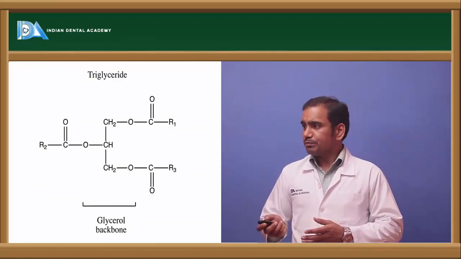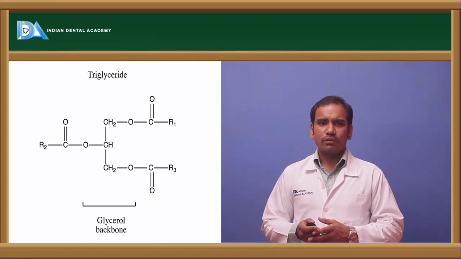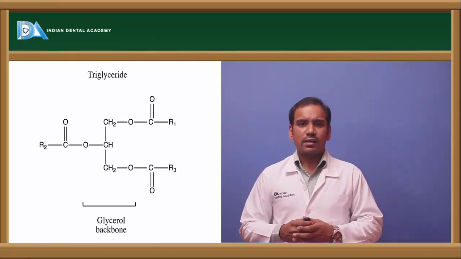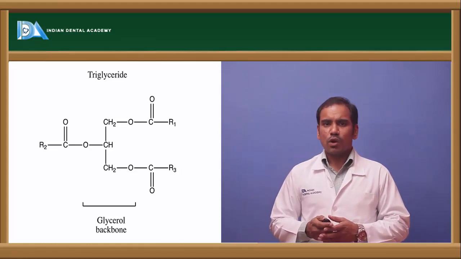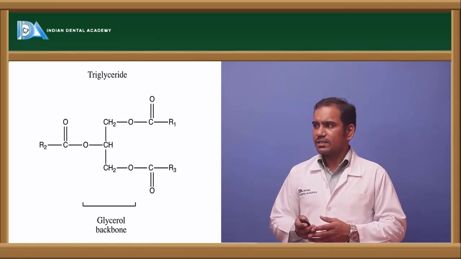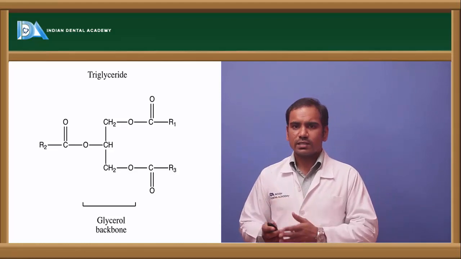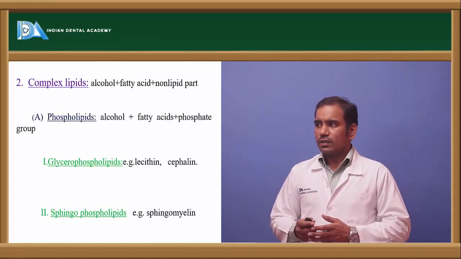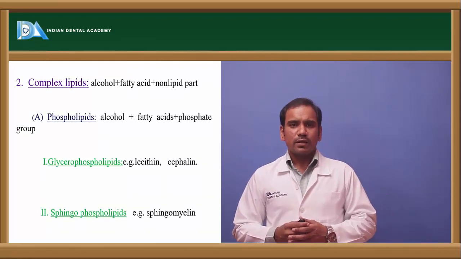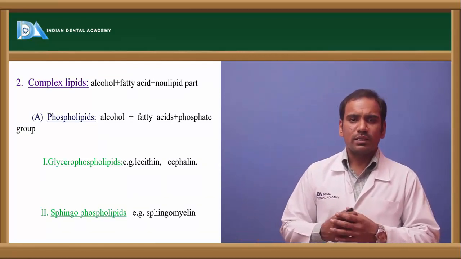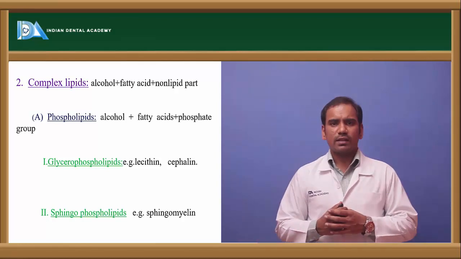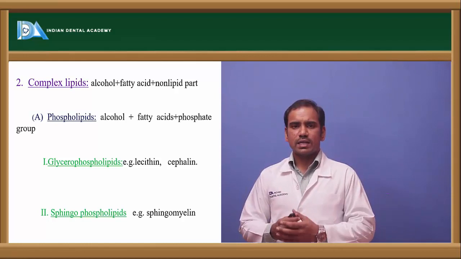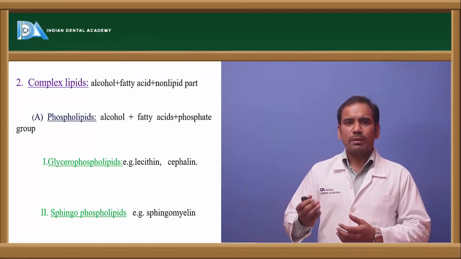Now, as I told you, one of the simple lipids, fats and oils, has triacylglycerol. So a glycerol molecule is esterified to three fatty acids, on the three carbons C1, C2 and C3. Right. Now coming to complex lipids, there is some complexity in the composition of these lipids, and that complexity is, in addition to the alcohol plus fatty acid, they have some non-lipid part.